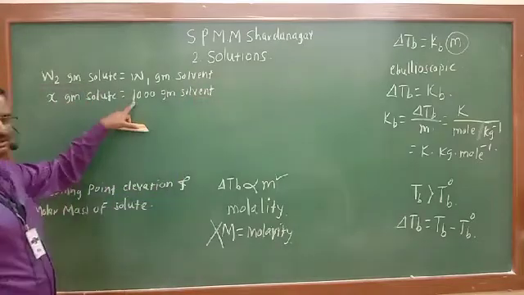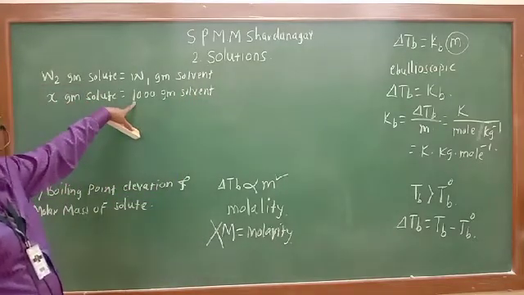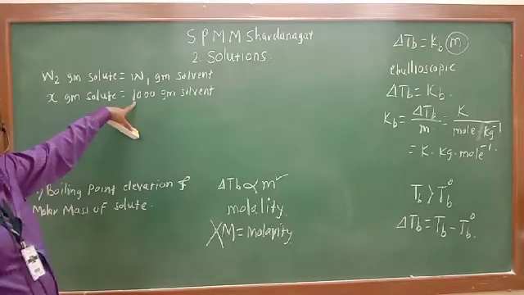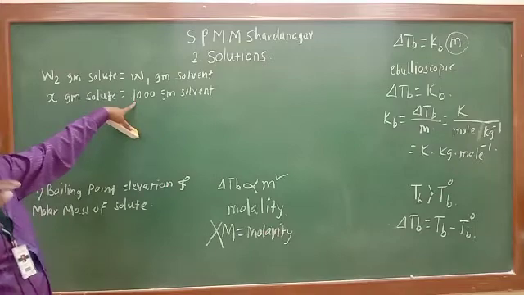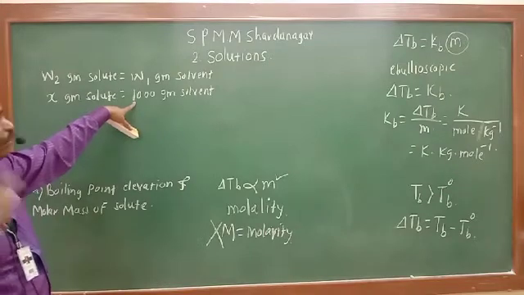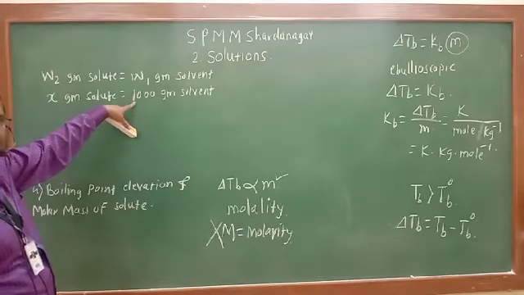Why have I taken 1000 gram? Because molality is nothing but the number of moles present per kilogram of solvent, and per kilogram of solvent means 1000 gram of solvent.